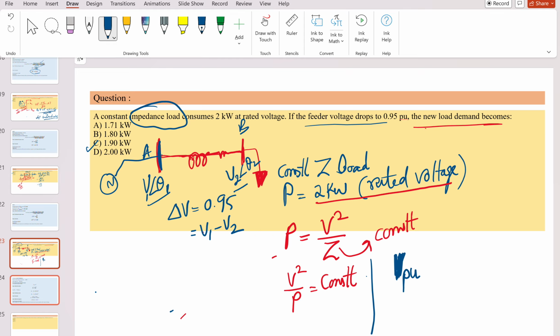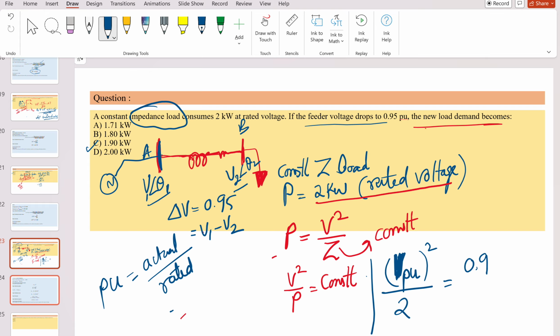In the per unit system, you already know what the actual value is and what the rated value is. Here the actual is the same as the rated, so it is 1² divided by P, and it was consuming 2 kilowatt. It is given that if the feeder voltage drops to 0.95, at this particular point it became 0.95.